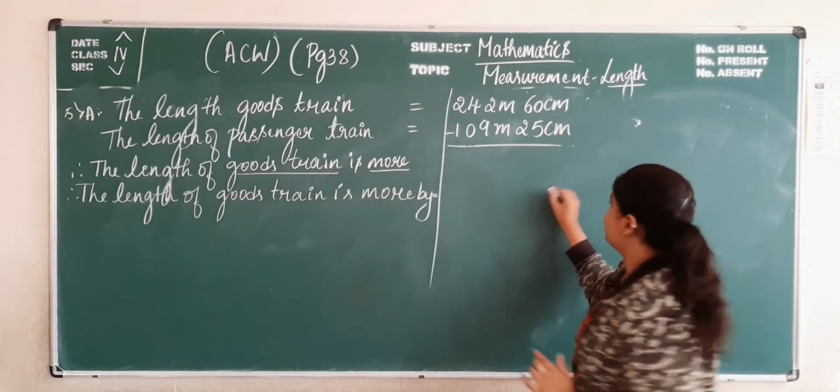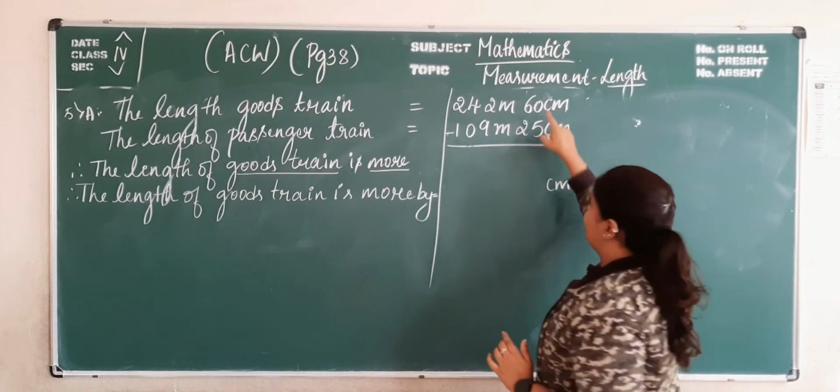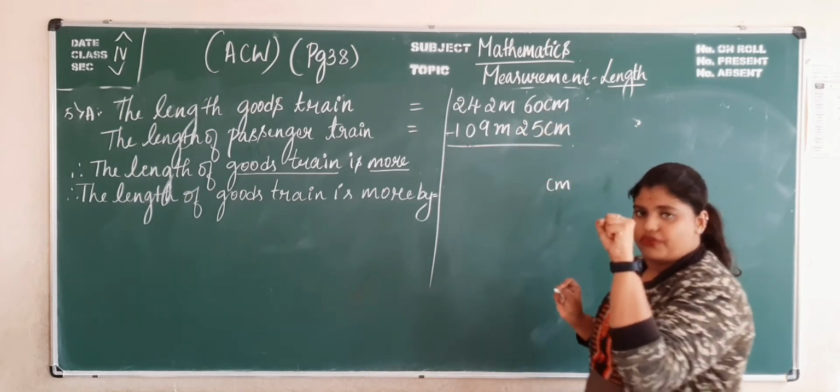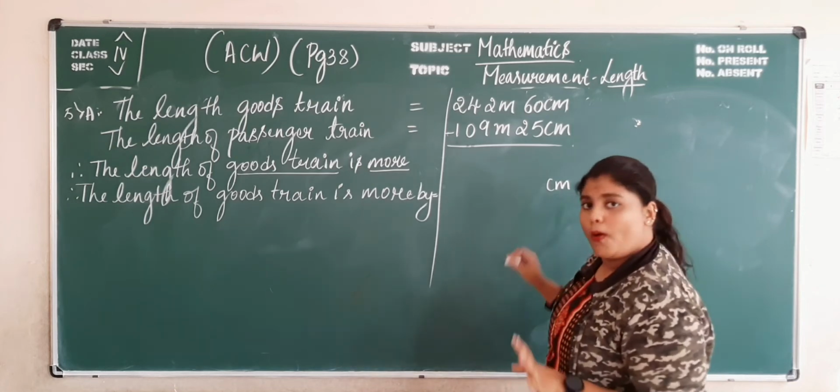We will write centimeter. Now we have to subtract 0 minus 5. Can I subtract 0 minus 5? No. So what I will do? Borrow.